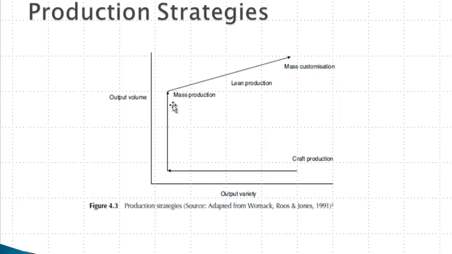Then we moved into mass production where we have low variety but a great volume of garments being made. And as we move into mass customization, we kind of get back to this position of craft production, however at higher volumes. But we'll look at these one by one and see how they'll make a bit more sense.